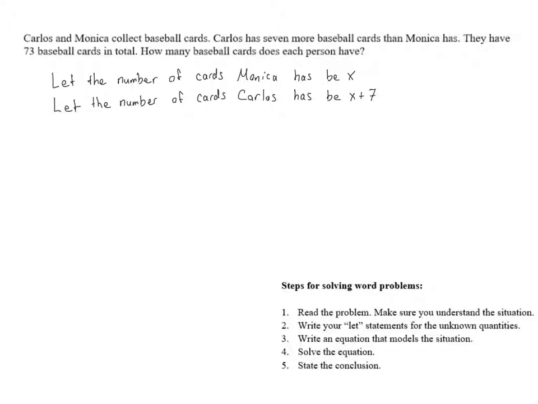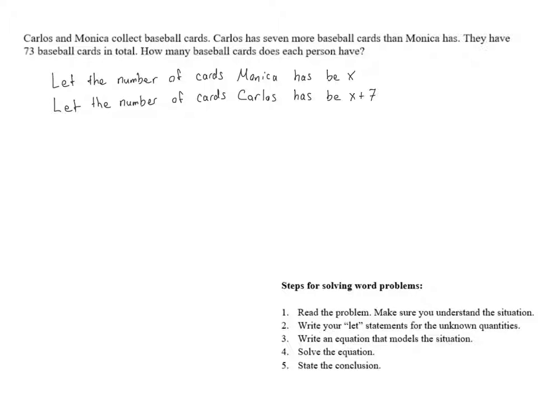Now that we have our let statements done, we can write an equation that models the situation. If we look back at the problem, there's one piece of information we haven't used yet. They have 73 baseball cards in total. And we're going to use this to write an equation that models the situation. So if they have 73 baseball cards in total, that means that if we add up the number of cards that Carlos has and the number of cards that Monica has, we'll get 73.